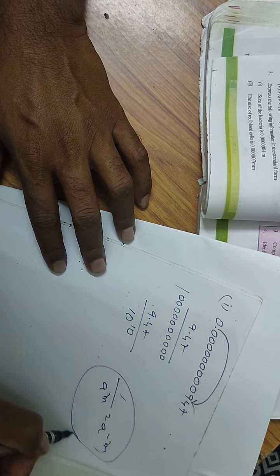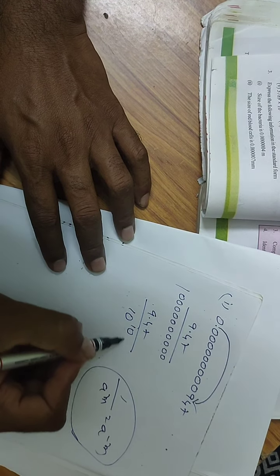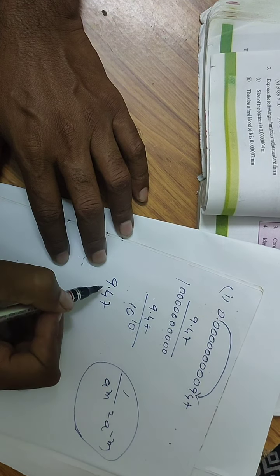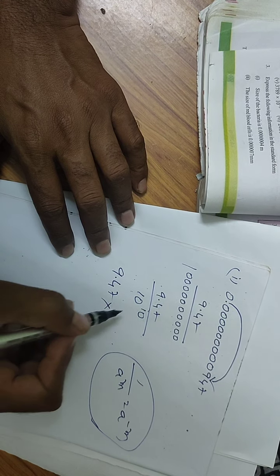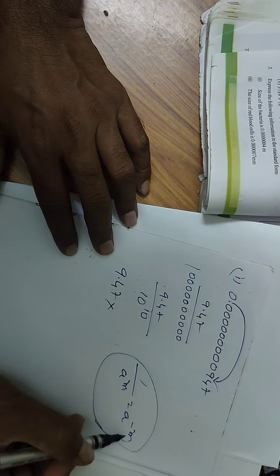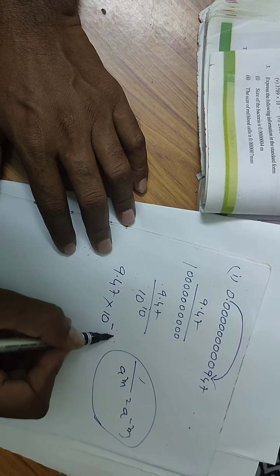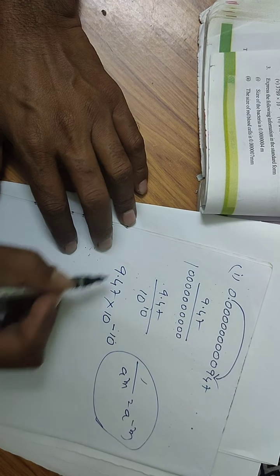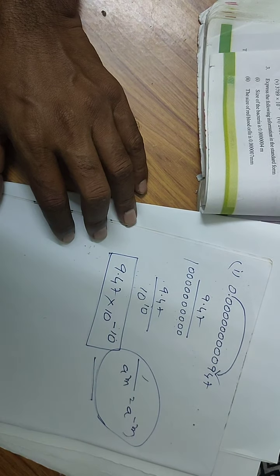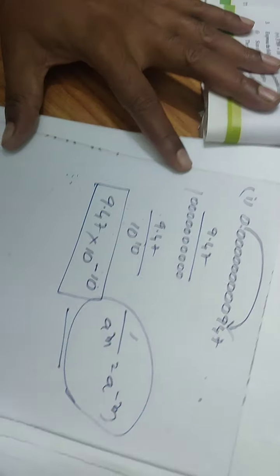So this 10 power 10 I want to take to the numerator. So it becomes 9.47, already in the numerator, into 10 power 10 from the denominator. If I take it to the numerator, it becomes 10 power minus 10. So this is called the standard form for this one. I hope you understood.